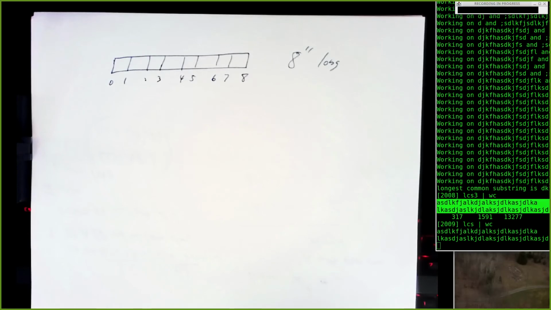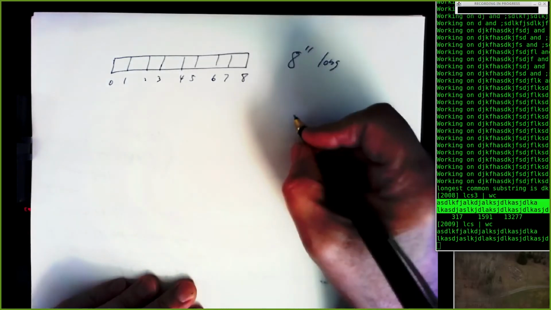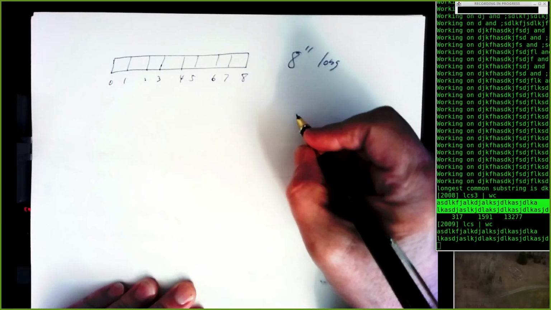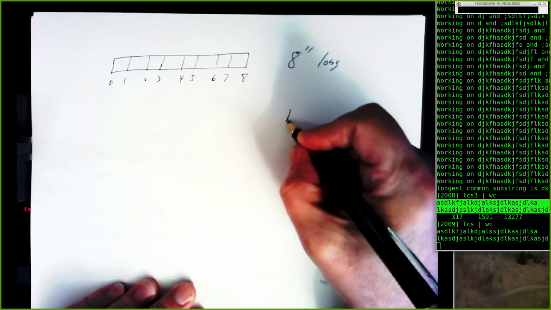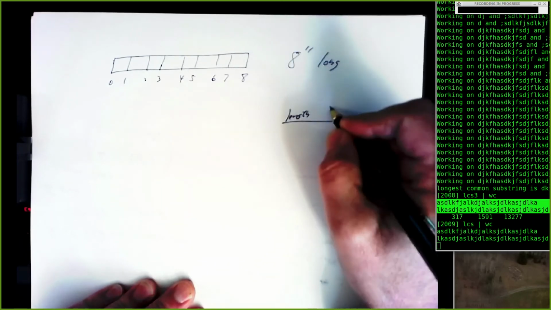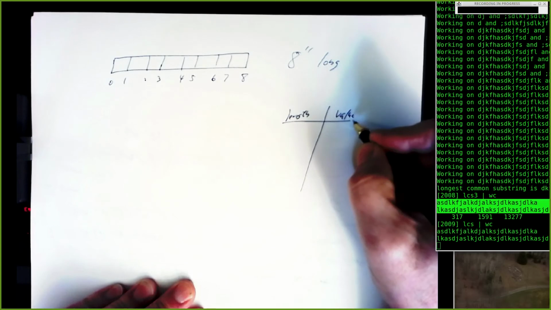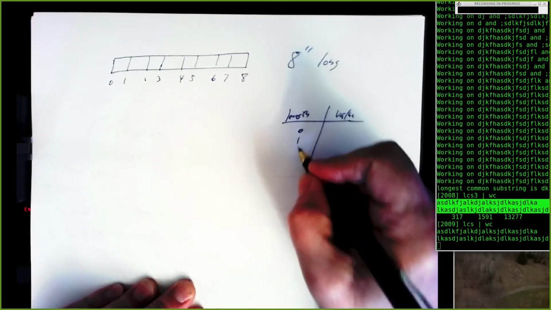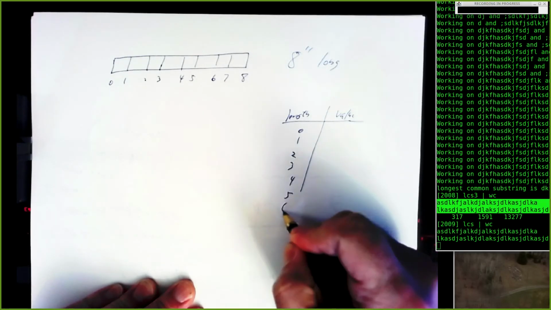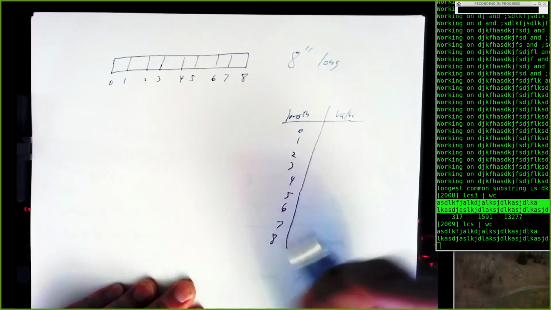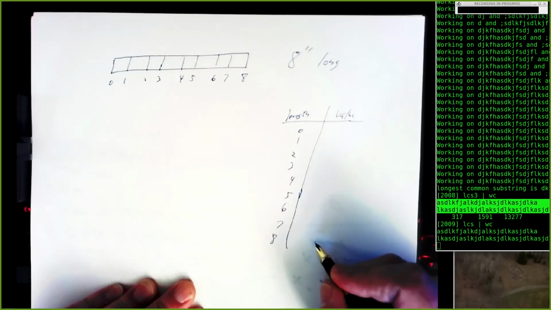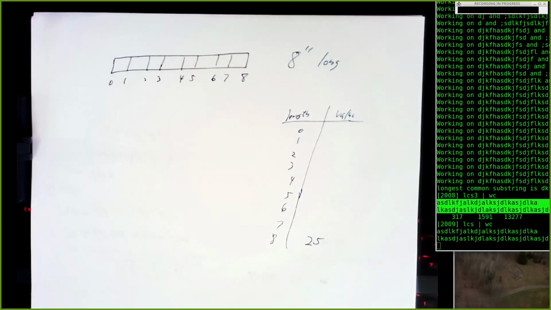And there is a pricing table that tells you how much you can sell pieces of this rod for based on the length. And so if you sell the entire 8-inch bar, maybe that costs $25, because it's a really expensive type of metal.